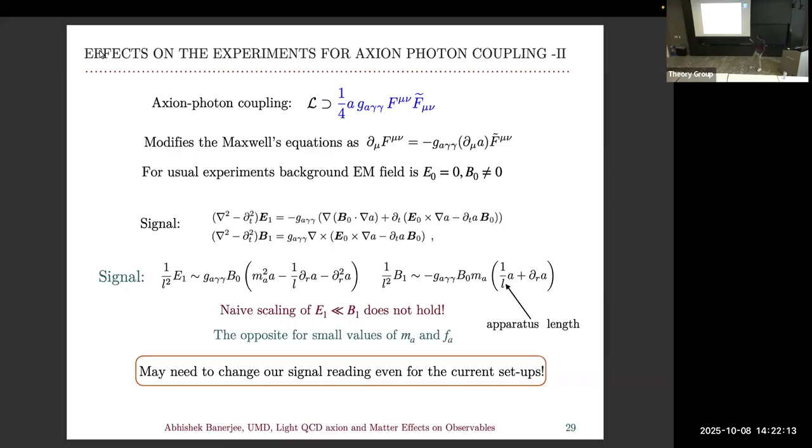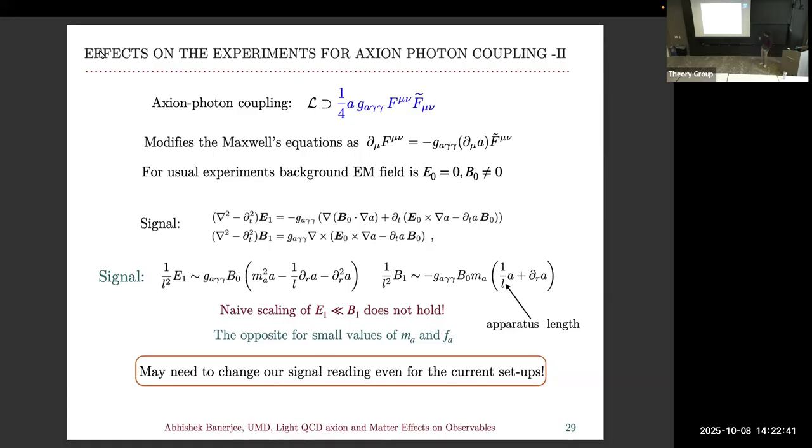So usually people say that I put a background magnetic field and I pick out an axion-induced magnetic field, right? That's what they do in this experiment. This is because if you just do the analysis in the limit M times L is small, you would see that E1 is much, much less than B1, naively. But here, because you have this grad R squared A effect, this scaling doesn't hold. Because the gradient is enhanced and my electric field is actually sensitive to the grad square of it.